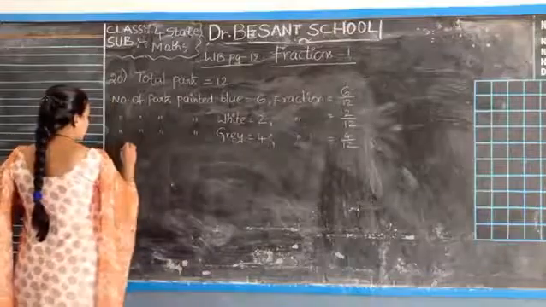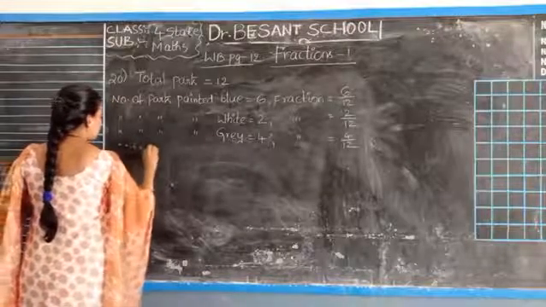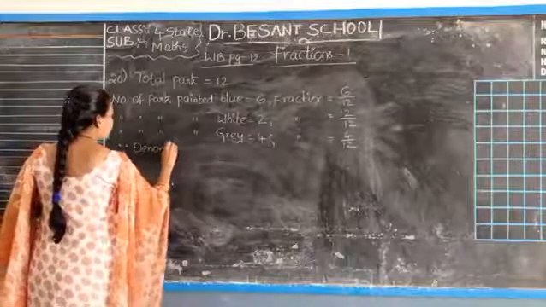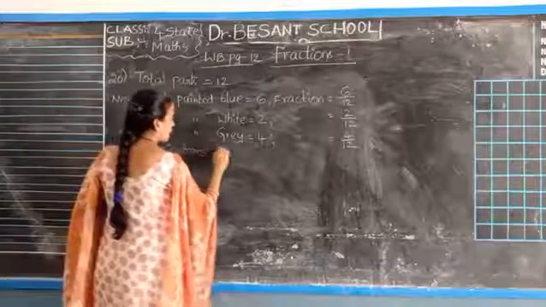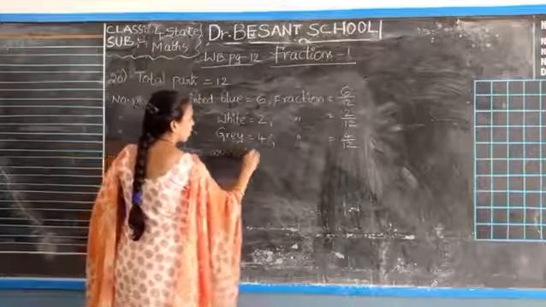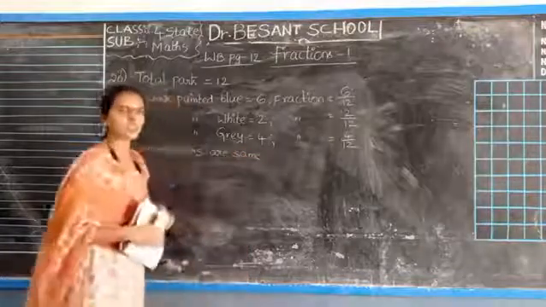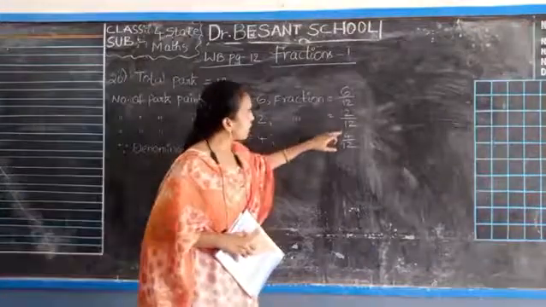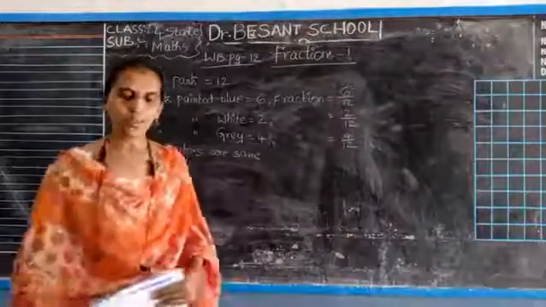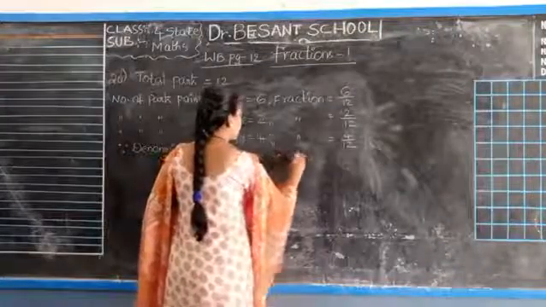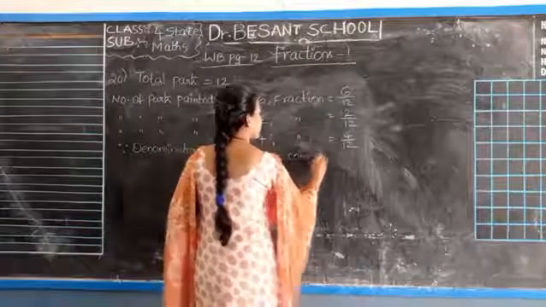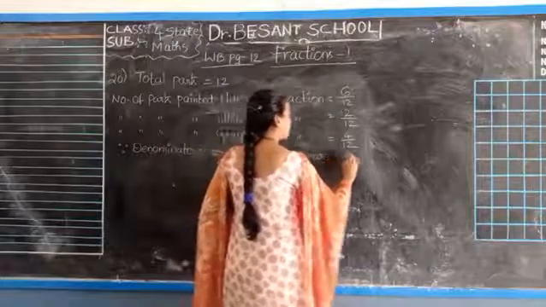Therefore, since the denominators are the same, observe all the 3 colors' fractions have the same denominators. So what we need to do? Compare numerators.